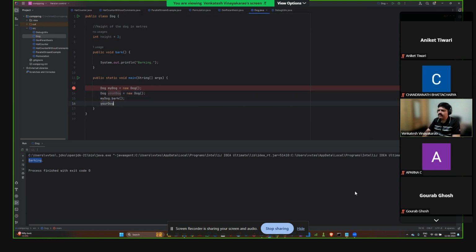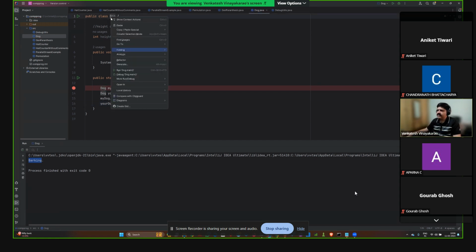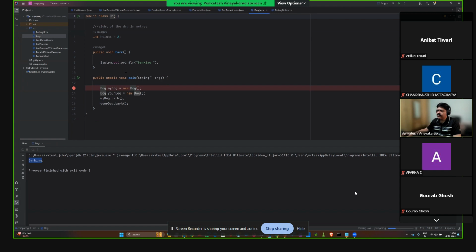And your dog can also bark, right? So now this will say barking person. Now two dogs are barking, right? My dog can bark 5 times, your dog can bark 5 times. All sorts of things can be done over here, right?